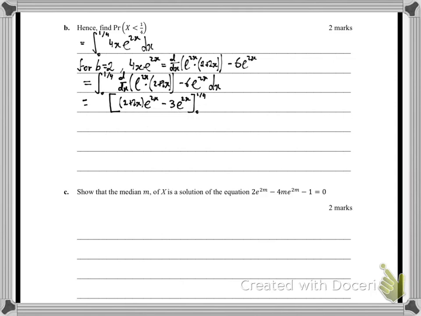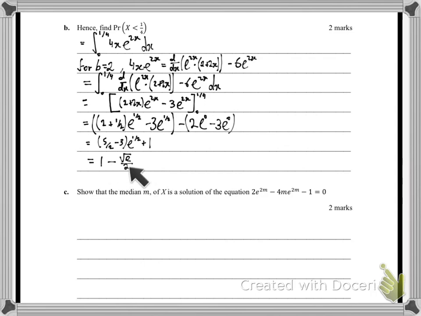So now we just have to substitute and evaluate the terms carefully. We sub in our quarter, and then we subtract, and then we substitute x equals 0. Perfect. Simplify it down, and we're going to get this as our final expression. So practice that, and see how well you can get it.